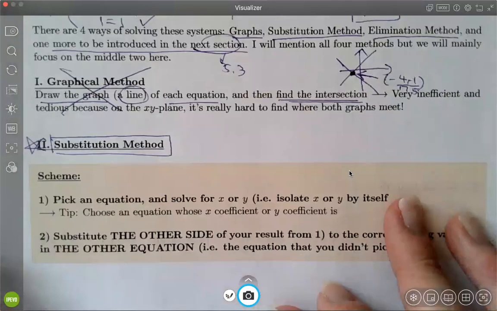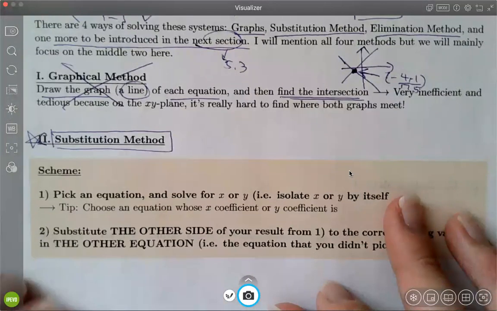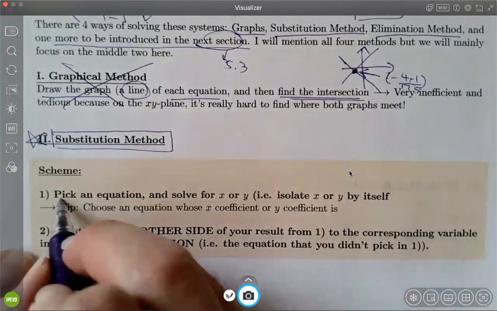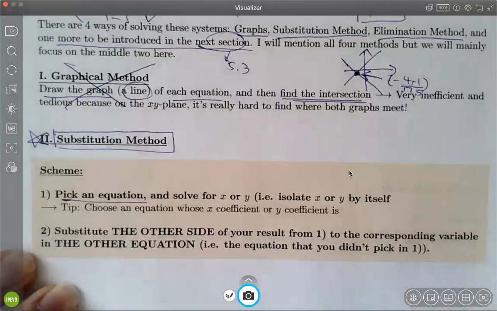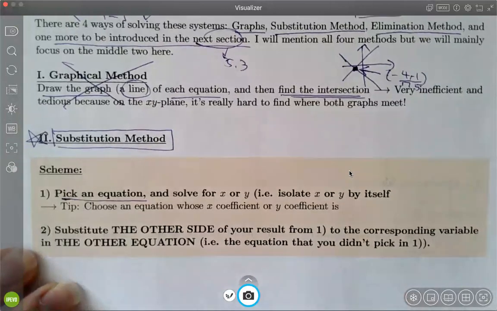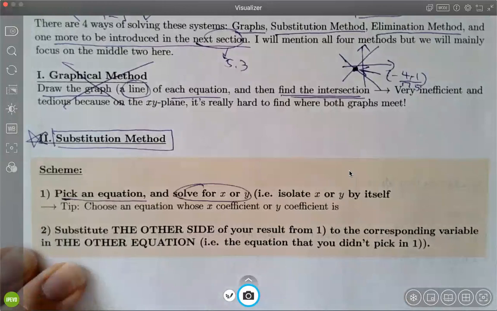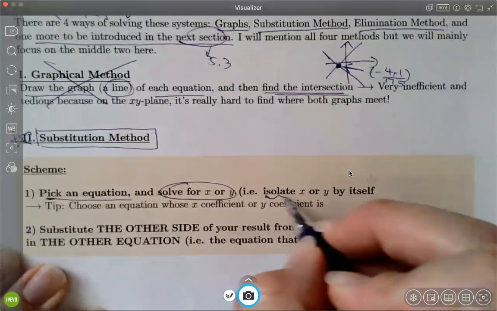And here is the scheme. Choose an equation, either the top one or the bottom one, and then isolate x or y. It doesn't matter. So isolate x or y by itself.